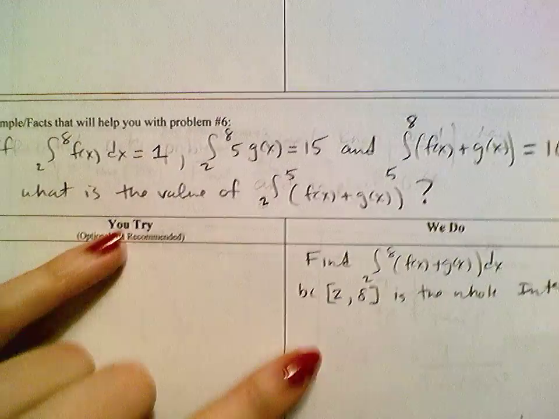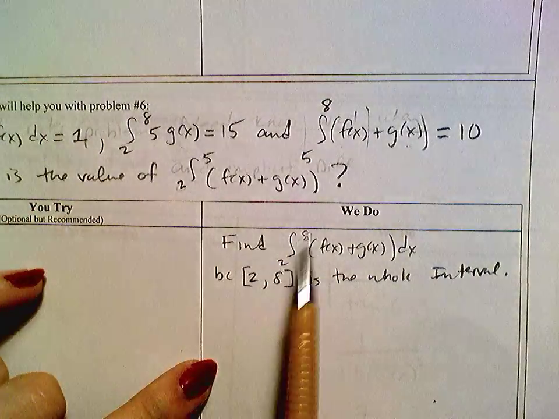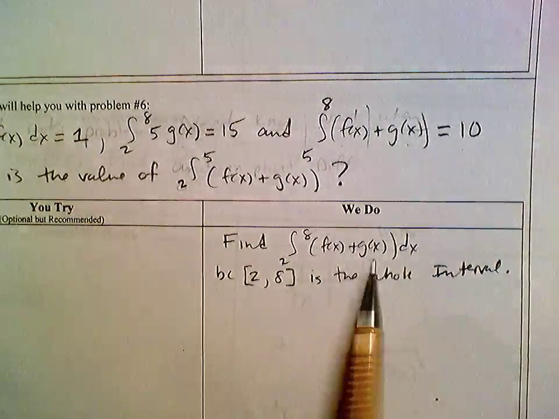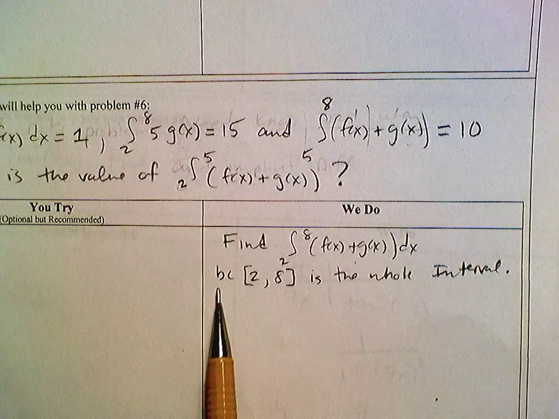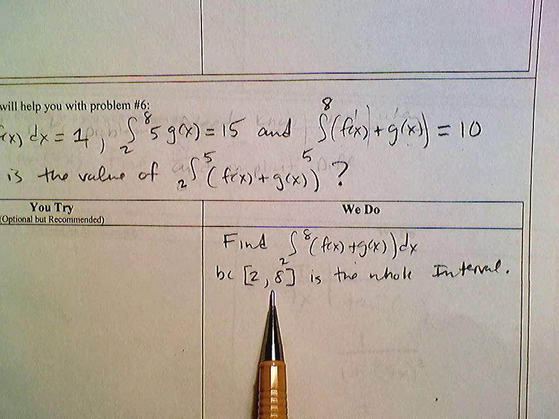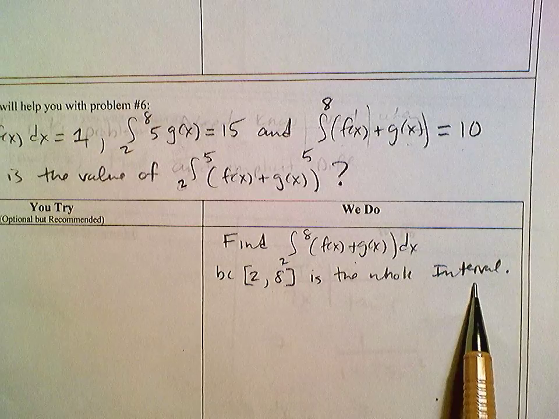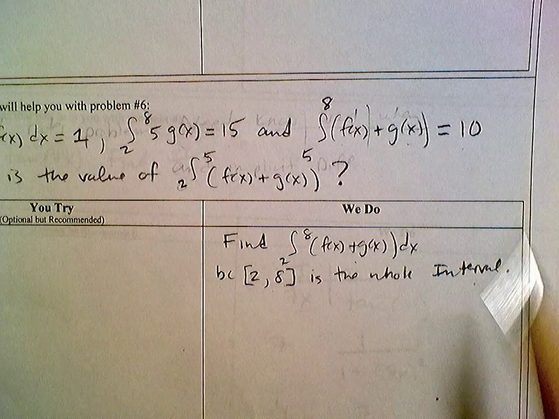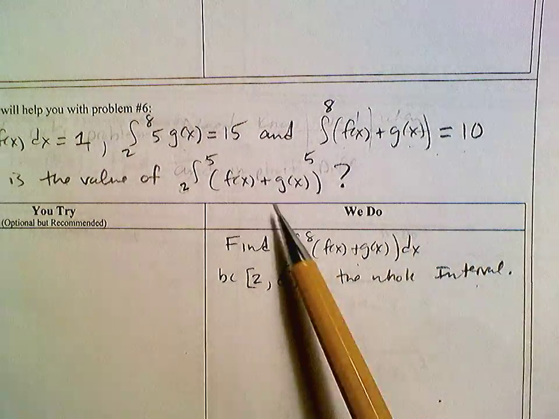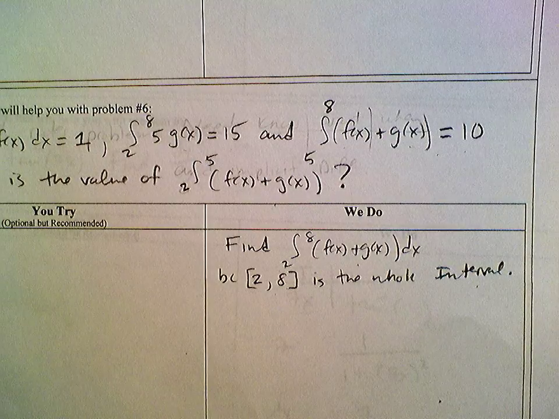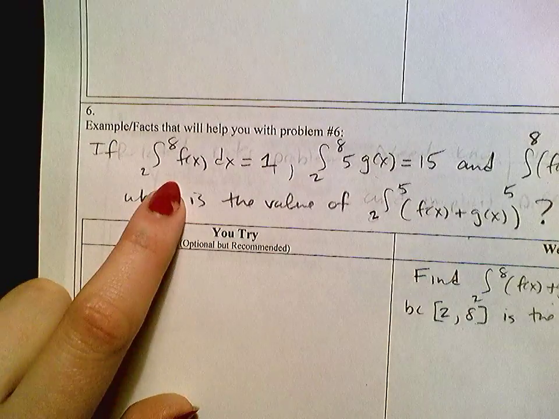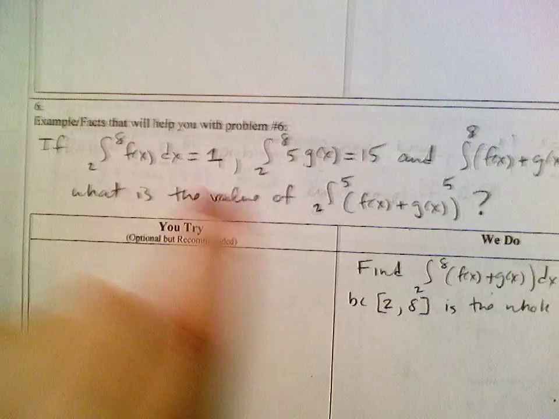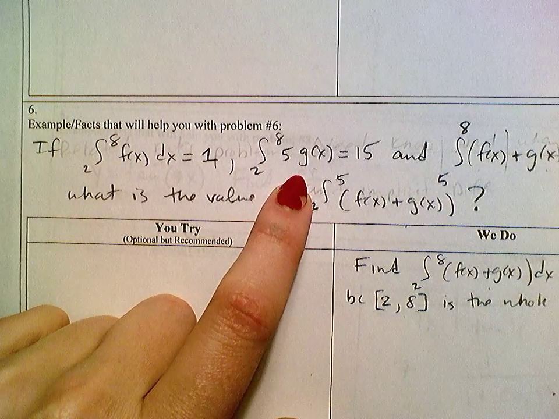So if we find the integral from 2 to 8 of that sum, because 2 to 8 is the whole interval, then we can subtract this part from it and we should end up getting that one.